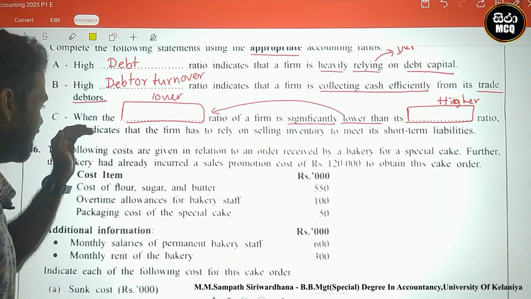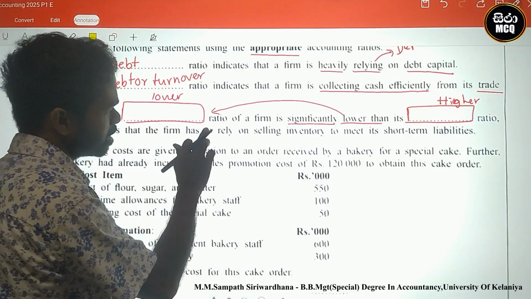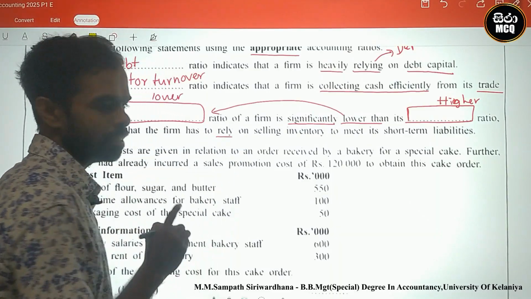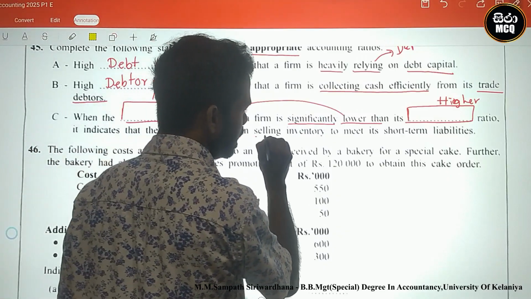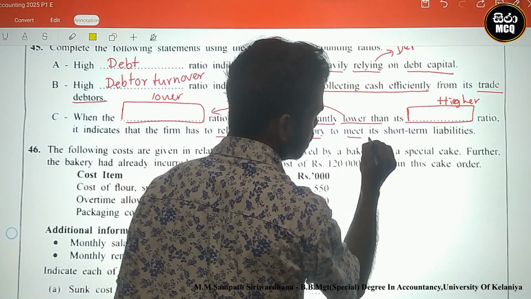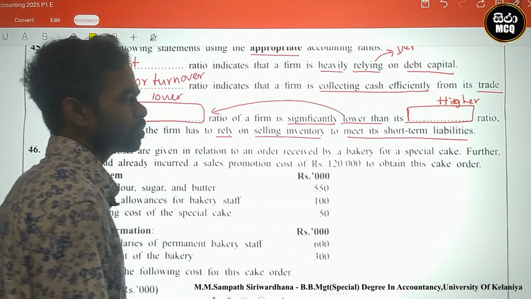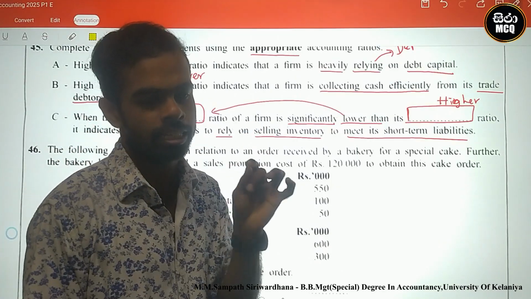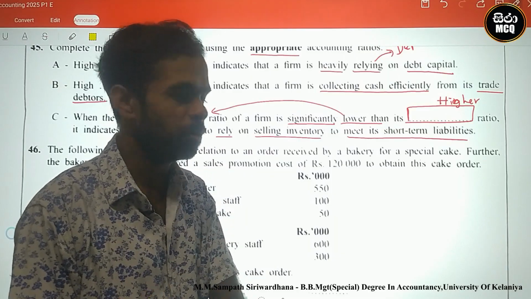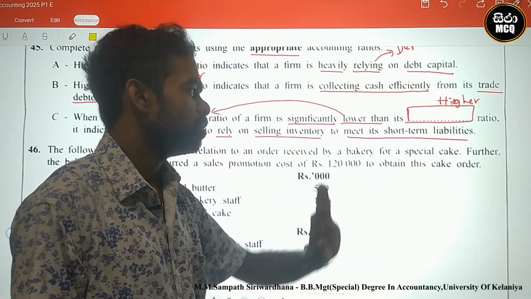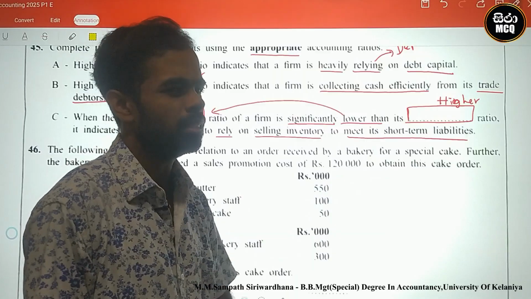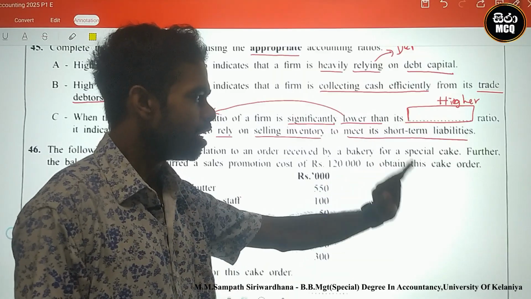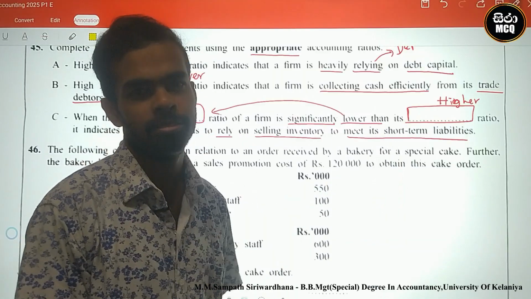It indicates that the firm is depending on selling inventory to meet its short-term liabilities. Look here, it is a selling inventory related ratio to meet short-term liabilities. Short-term liability means current liability related and inventory related.